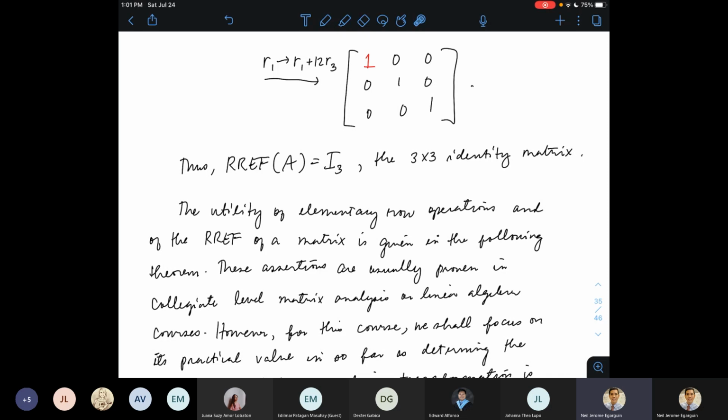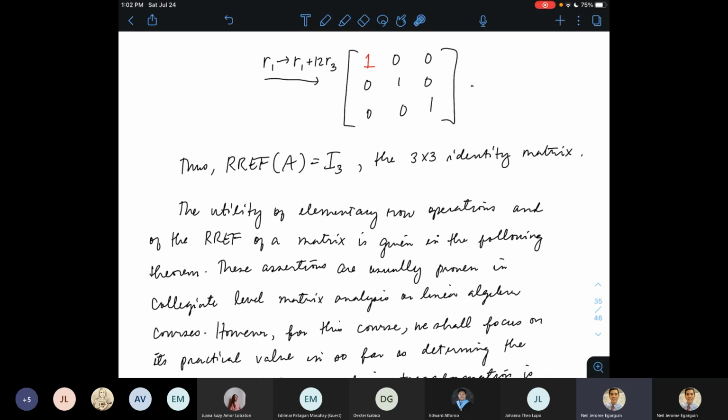By the way, from now on, if you see an I sub something in the context of matrices, so this I sub n would be the n by n identity matrix. N by n identity matrix because it will contain all 1 on the diagonal and 0 elsewhere. But this is called identity matrix because it is the identity with respect to matrix multiplication.